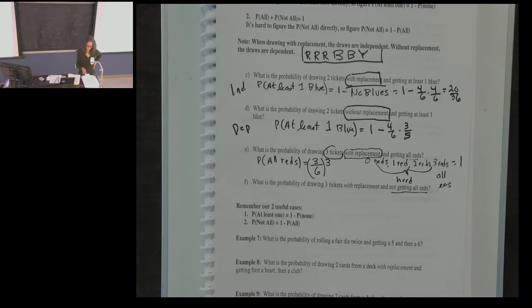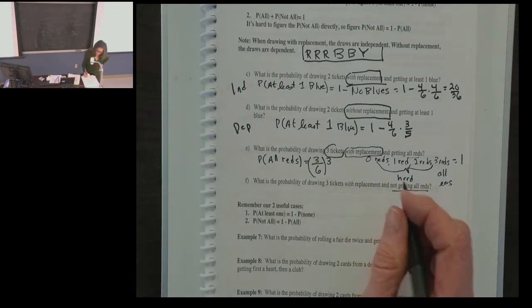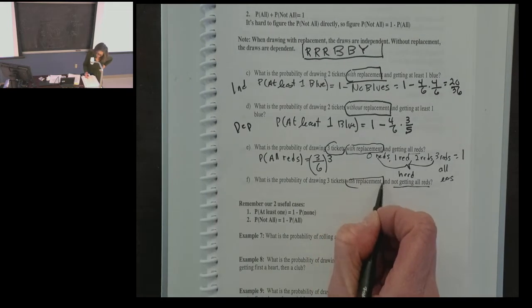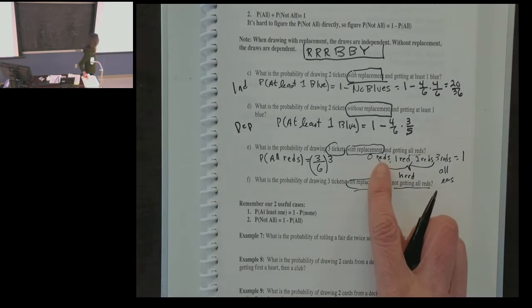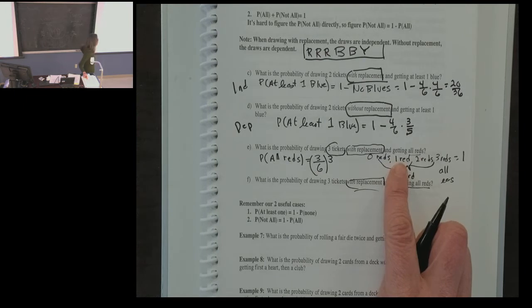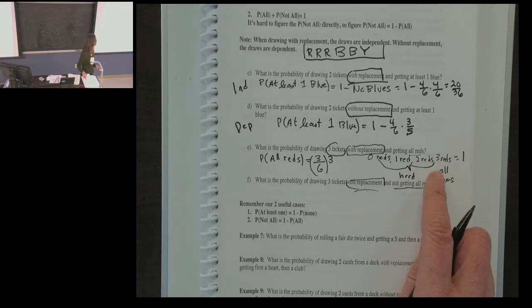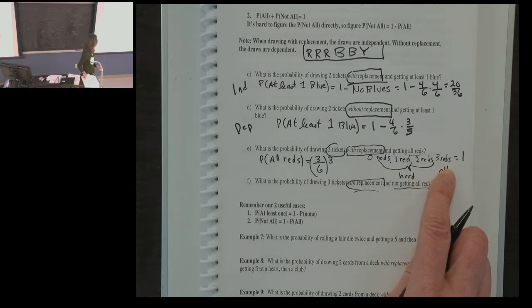So now when it asks for not getting all reds, and it's with replacement, what do we want to do? Instead of figuring that out directly, it would be really hard this time. We'd have to figure out, you could get red on the first, but not on the next two, or on the second one, but not on the others, so this is going to take you a long time. This is hard, but this one's very easy.